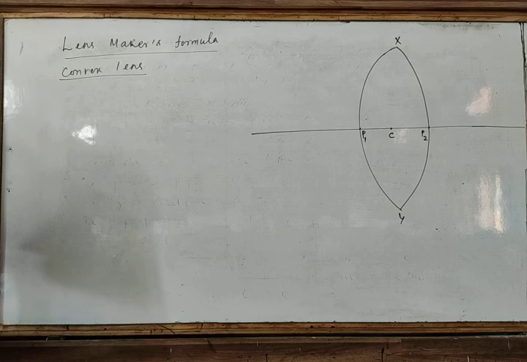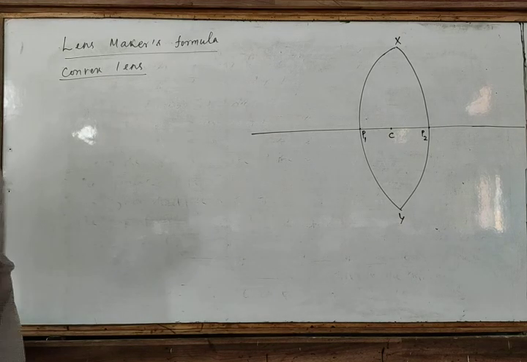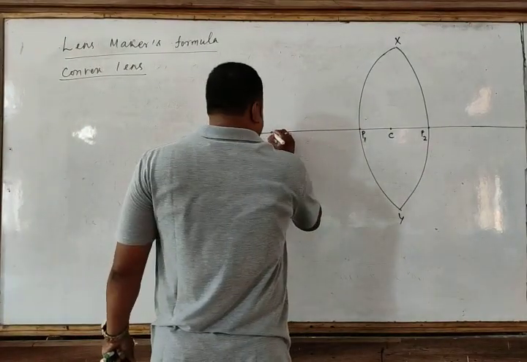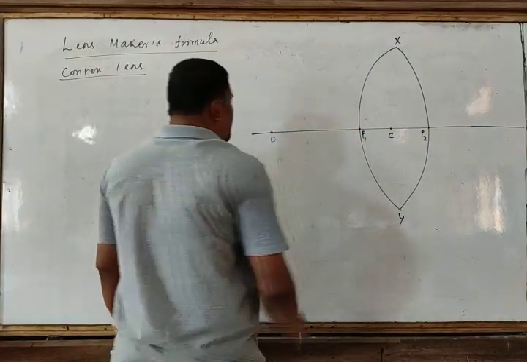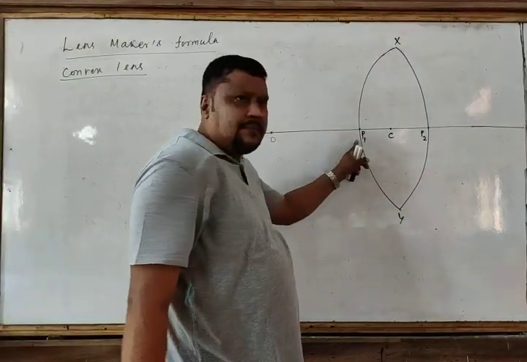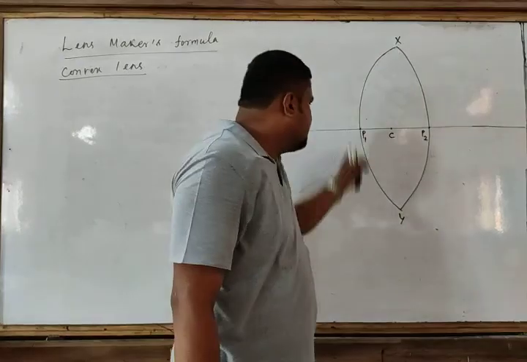Now we draw the ray diagram. Let us consider an object O placed at a distance from the pole, from this surface.